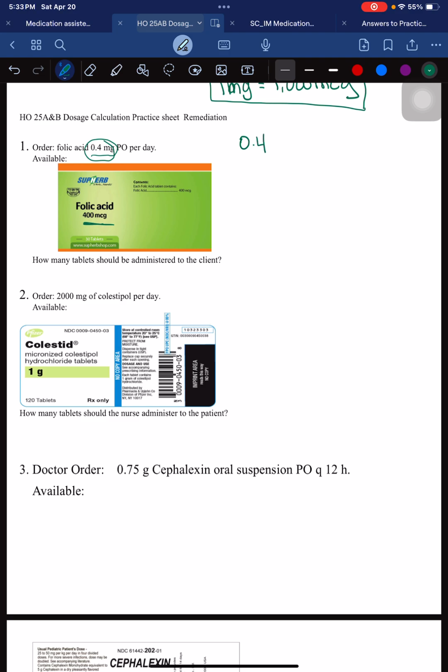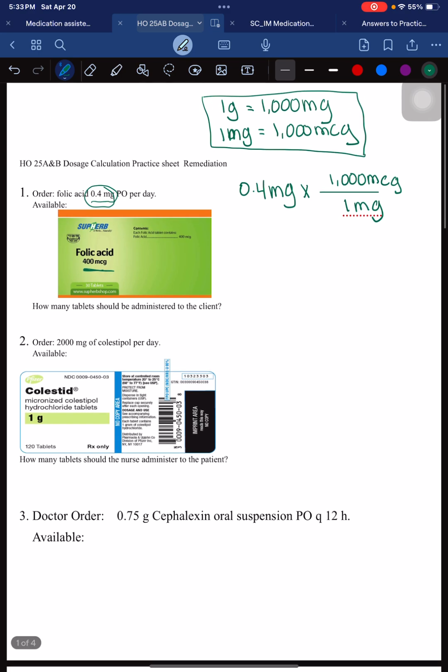So 0.4 mg, you're going to multiply by 1,000 mcg and 1 mg. As you know the conversion, 1 mg is equal to 1,000 mcg. So you want this to cancel out, so you will always put it at the bottom. Now we need to do our conversion.